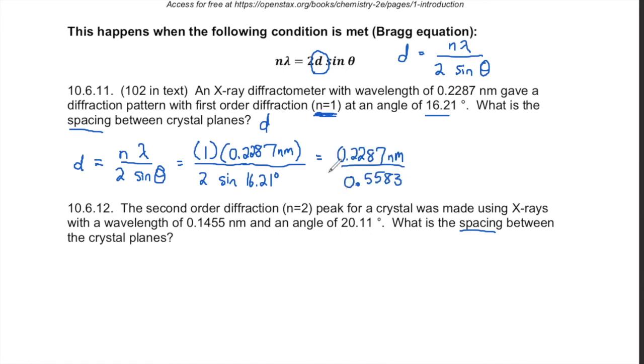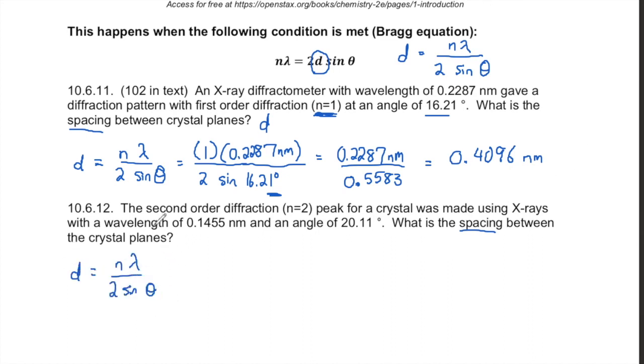So if you have a scientific calculator, just make sure it's set to degrees. That's the most common problem that I see. If it's set to radians or gradians, this is not going to give the right answer. But 16.21 degrees, if you take the sine of that and then double it, it should be 0.5583. And so the spacing is calculated to be 0.4096 nanometers in between those layers in the crystal.